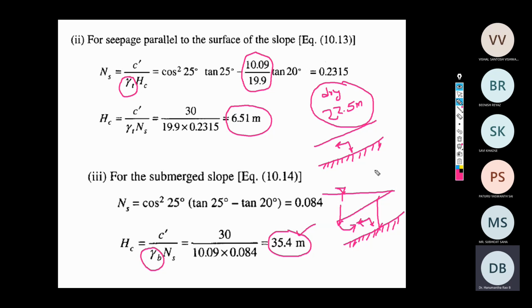When you stand, will it move or will it stop moving? Just imagine yourself. I didn't get it, sir. Can you please repeat? See, for example, you are standing on a sloping surface. Initially the slope is moving.